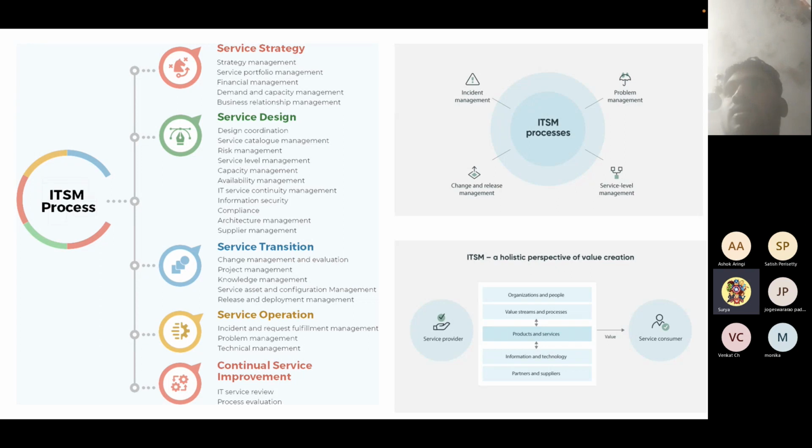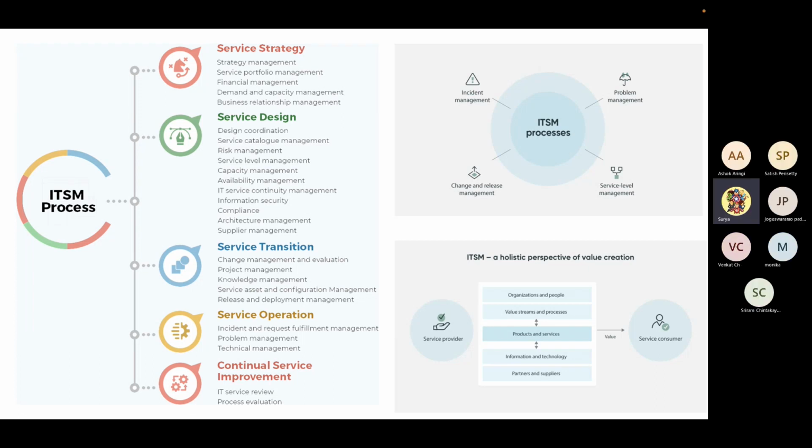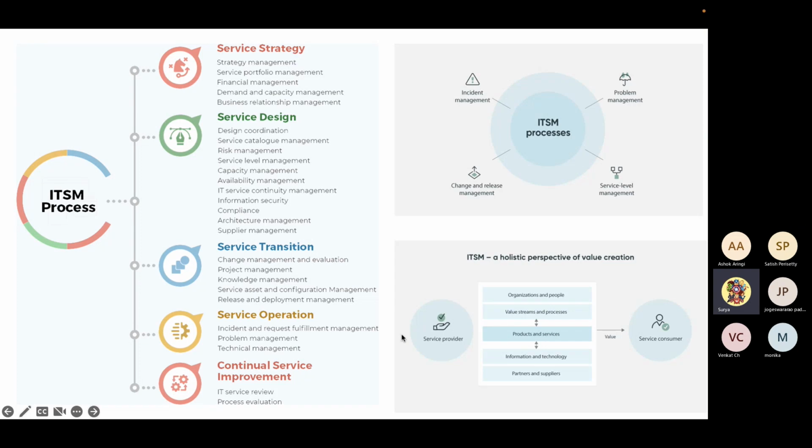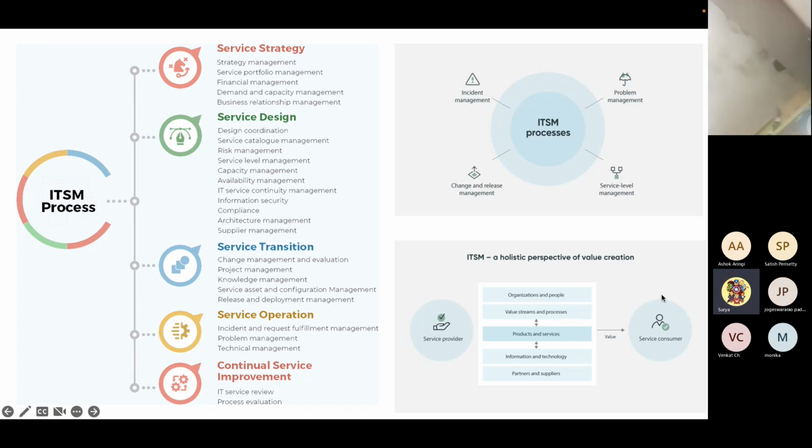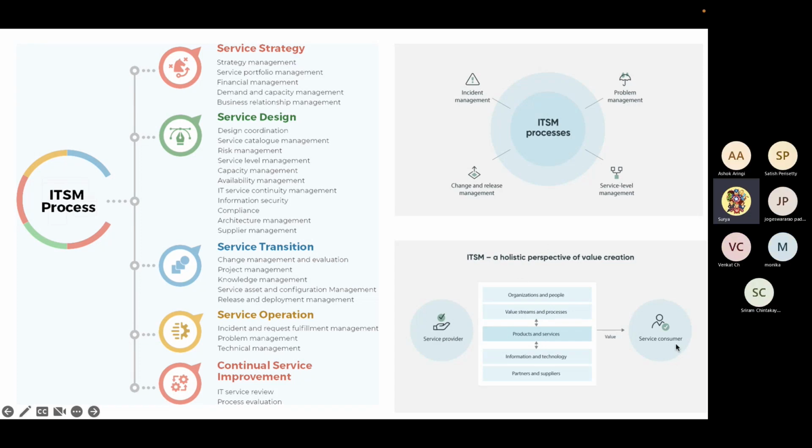And then you will design a blueprint, a kind of drawing or sketch, like a flow diagram. This is what I want to do. Once it is approved from both ends, service provider as well as service consumer, okay.